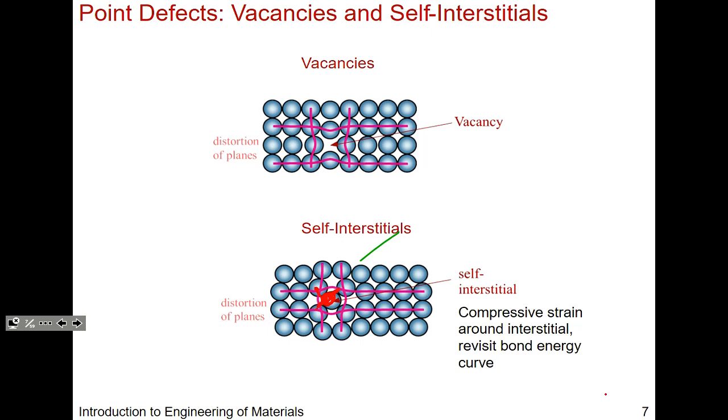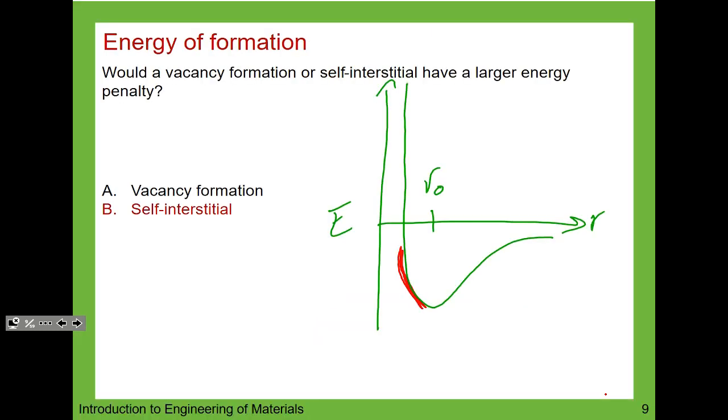You're trying to constrain the entire system into the space, so you end up being closer than the thermodynamic equilibrium, your R naught. R naught is the most favorable state for your system to be in, right?